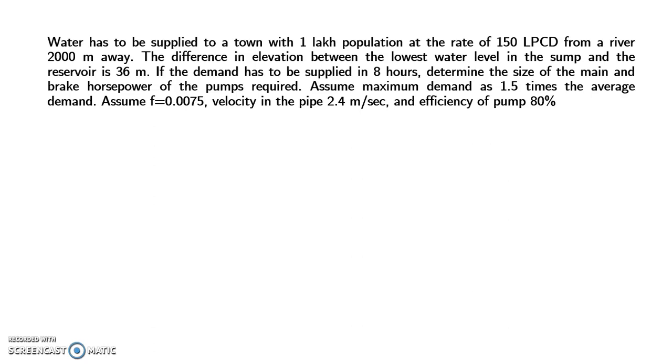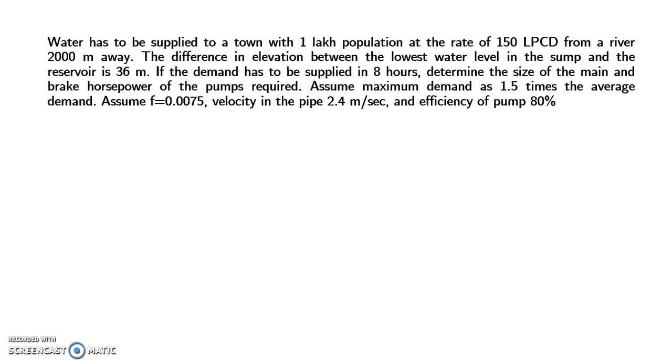Now there are a few very important things given as data here. Population is given, and for 1 lakh population LPCD, liters per capita, is given, length is given, the suction head as well as delivery head is also given as 36 meters, and all these things have to be supplied in 8 hours.